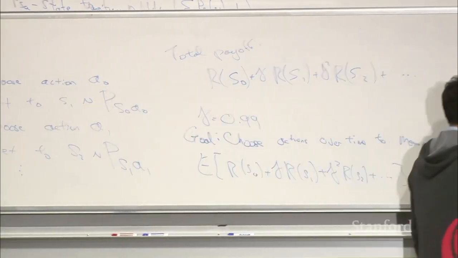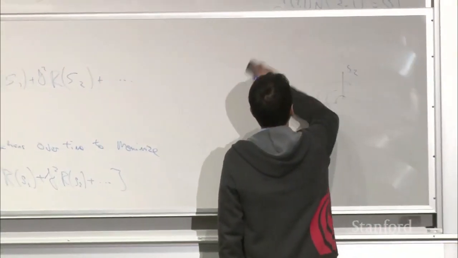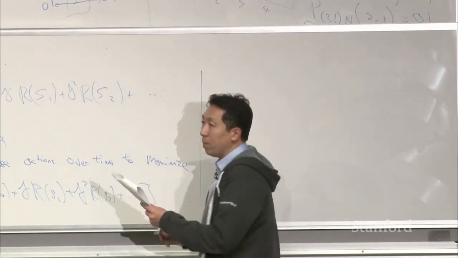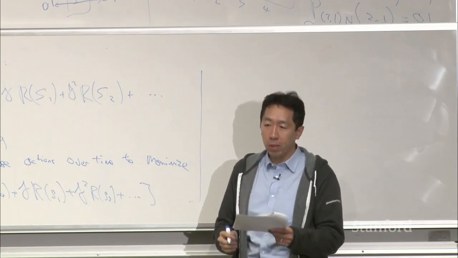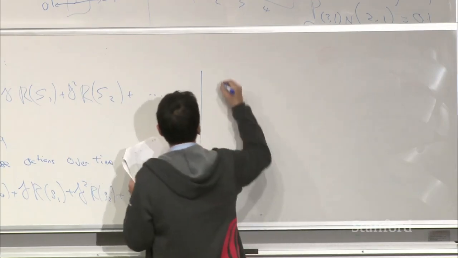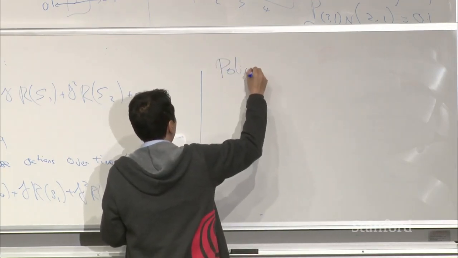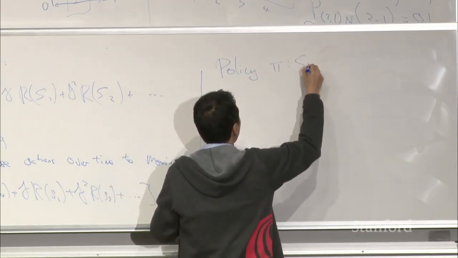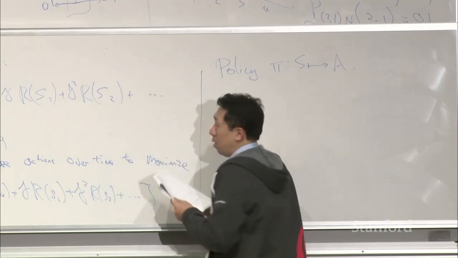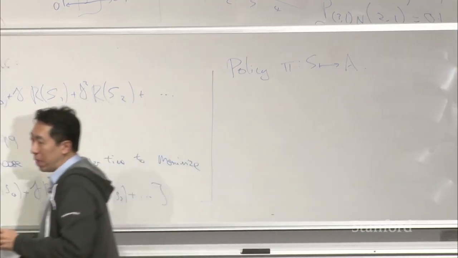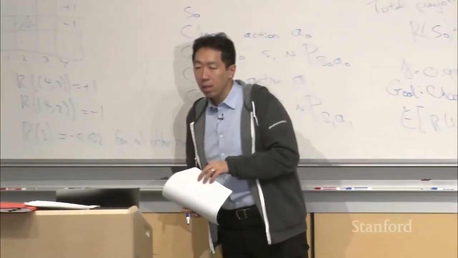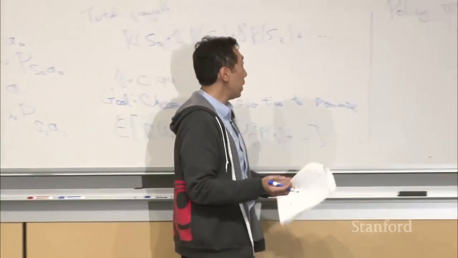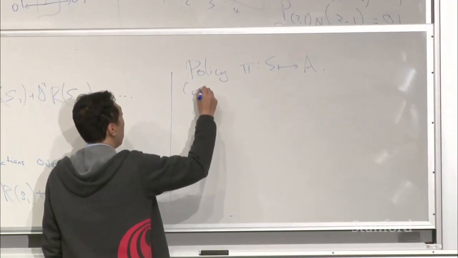And in particular, what most reinforcement learning algorithms will come up with is a policy that maps from states to actions, right? So the output of most reinforcement learning algorithms will be a policy or a controller.